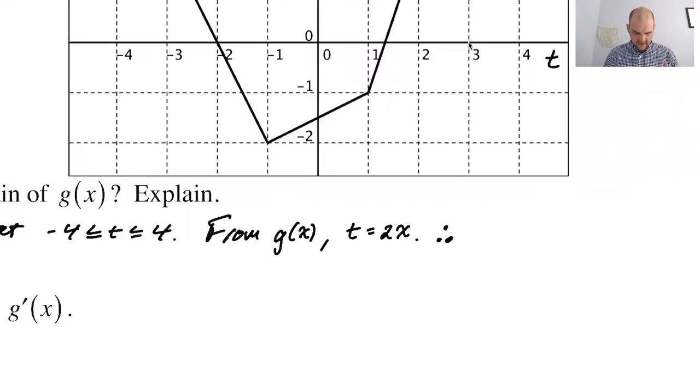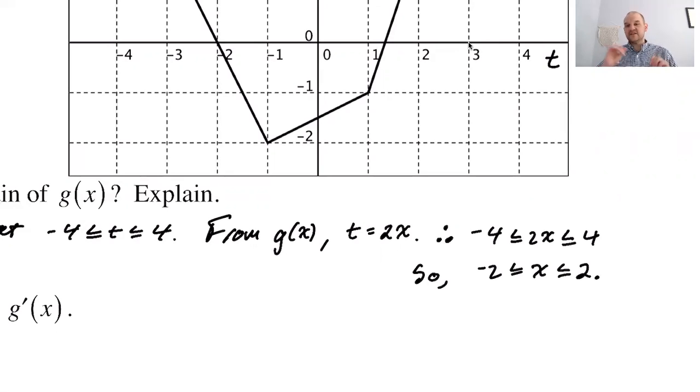Therefore, if -4 is less than or equal to t is less than or equal to 4, and t is equal to 2x, we know that -4 is less than or equal to 2x is less than or equal to 4, which means -2 is less than or equal to x is less than or equal to 2. That's the domain. Our domain is going to be -2 to 2.